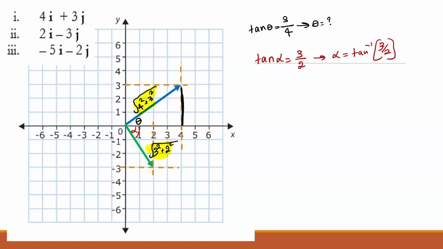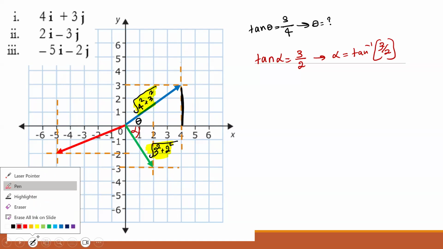Next one. Are you okay so far, Phil? Can you try the next one? I've already done it, it's just to the southwest. Yes, so it's like this, right? You can find the magnitude again, easy.